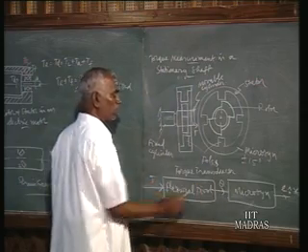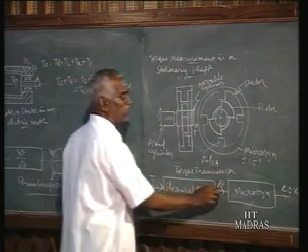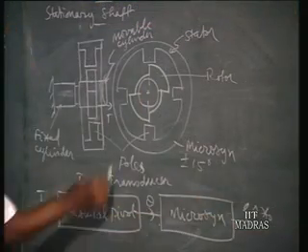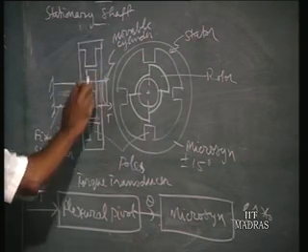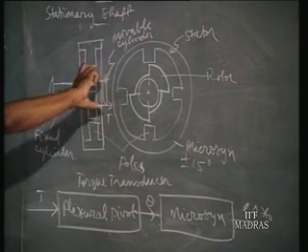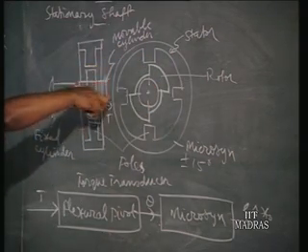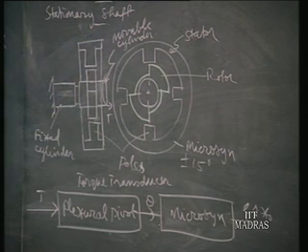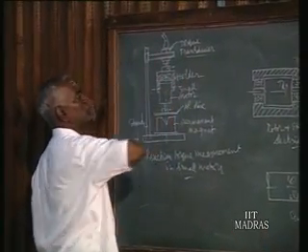That assembly is converting torque to theta, and theta to E or voltage is obtained by having this microsyn mounted to the movable cylinder where we apply the torque. So when torque is applied, we get the voltage output. Such a transducer is made use of here, and we call it the torque transducer.